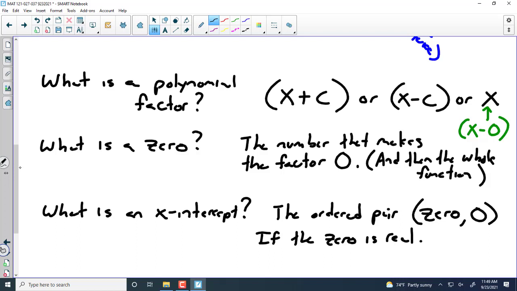Factors, zeros, and x-intercepts are not exactly the same thing, but they are very closely related to each other. It's not the same thing to say this is a 0, this is a factor, this is an x-intercept. You really can't do that. But you could say they all go together. That's okay.